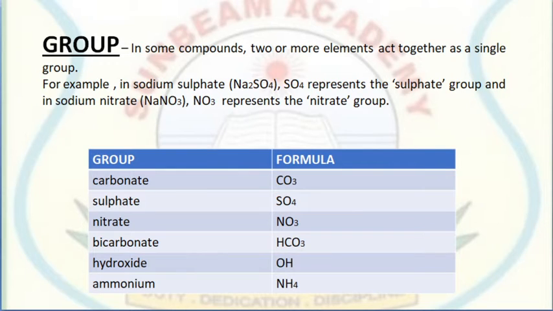And just like that, carbonate, sulfate, nitrate, bicarbonate, hydroxide, ammonium, these are some of the names of groups which are used in chemistry. So we will discuss them in detail.